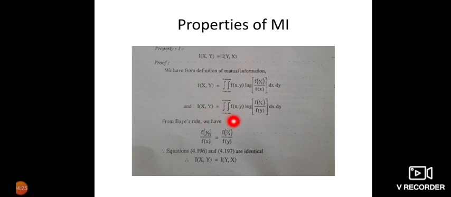That is equal to double integral f of x comma y log f of y given x divided by f of y. Now based on the Bayes rule, we can write f of x given y by f of x equal to f of y given x divided by f of y. That is, f of x given y into f of y equals f of y given x into f of x.